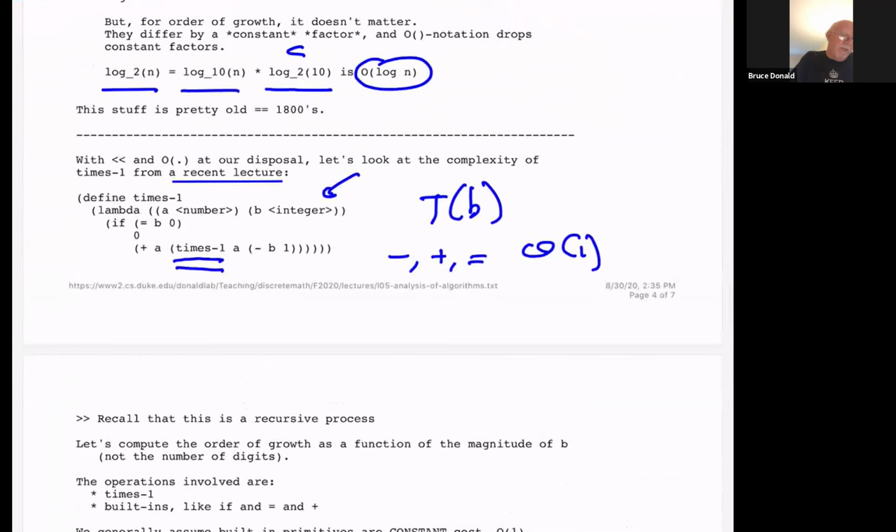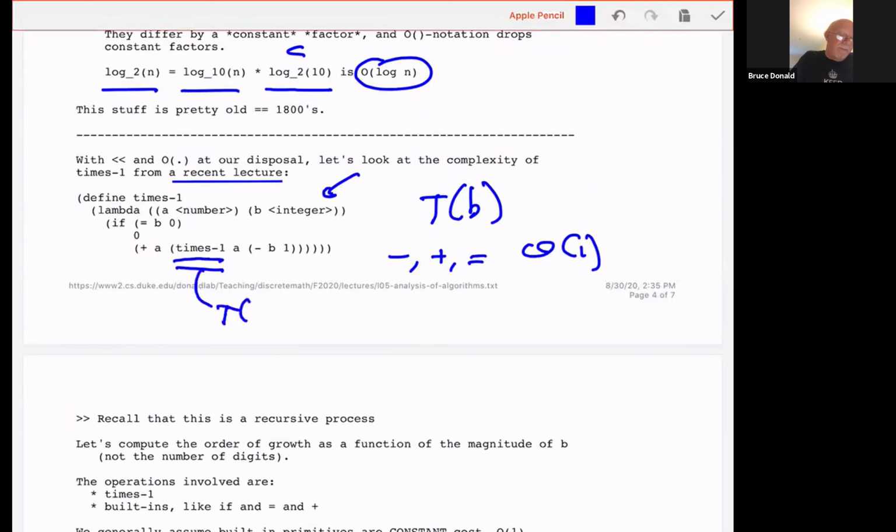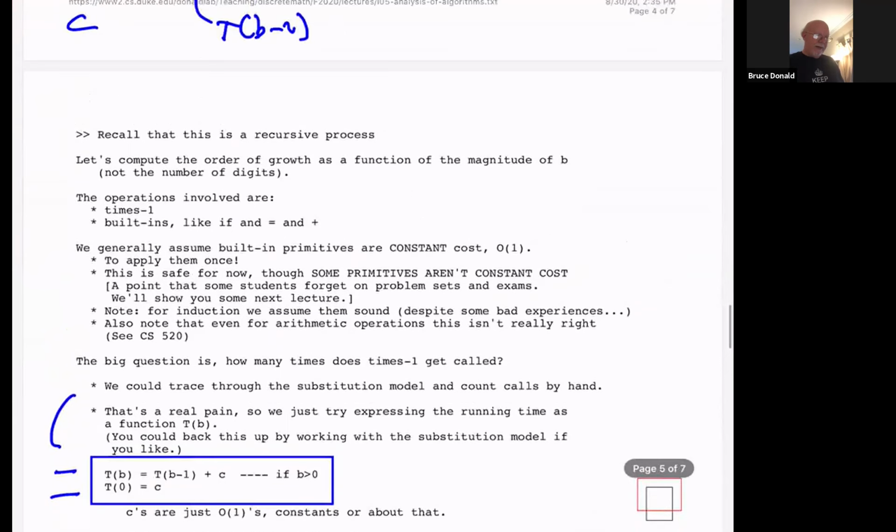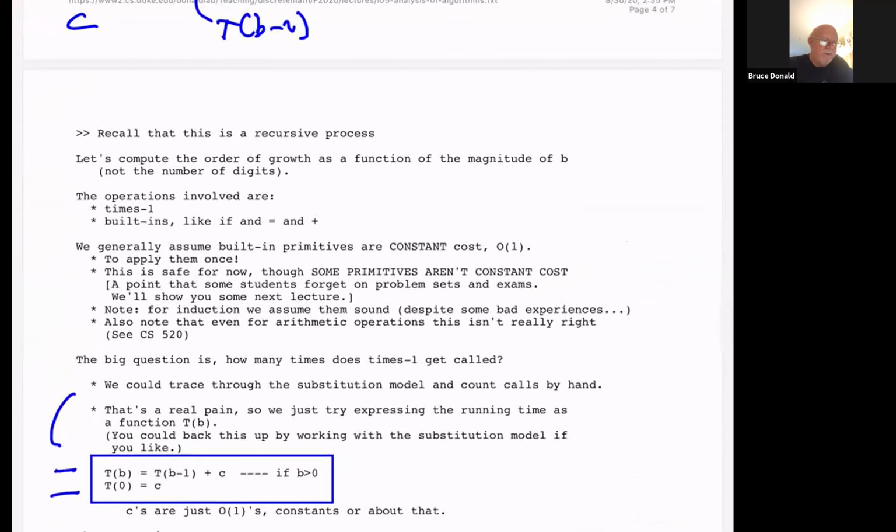Here we have the recursive call. This is your time on b minus 1. And everything else here is constant, order 1. So the equals testing, the logic, the plus, the minus, these are all constant time. And so that's why I've been able to express the time complexity here.